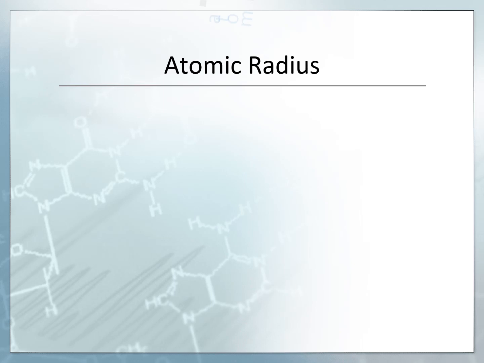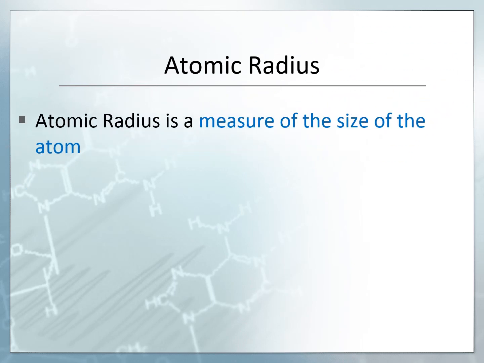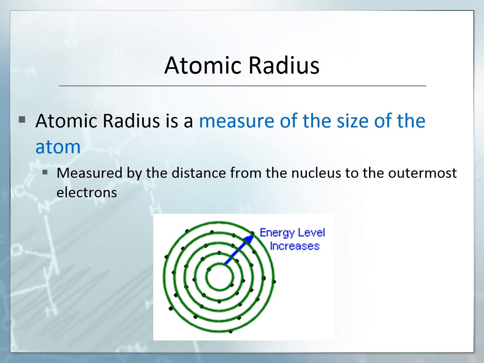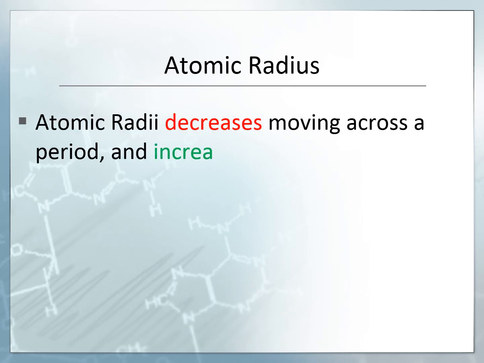The first periodicity here is atomic radius. Atomic radius is a measure of the size of the atom, measured by the distance from the nucleus to the outermost electron. The first periodicity that we're going to discuss is radius.